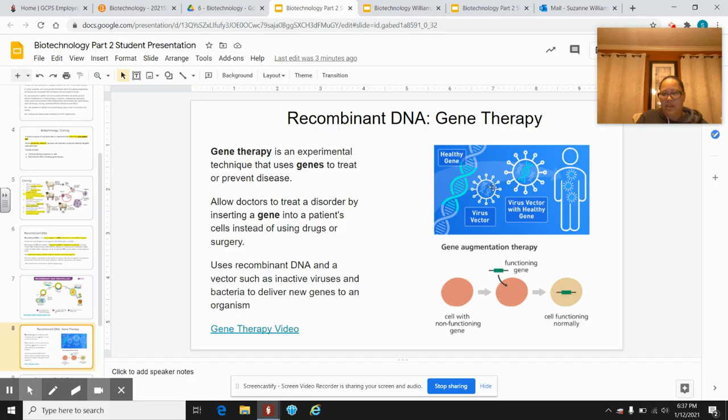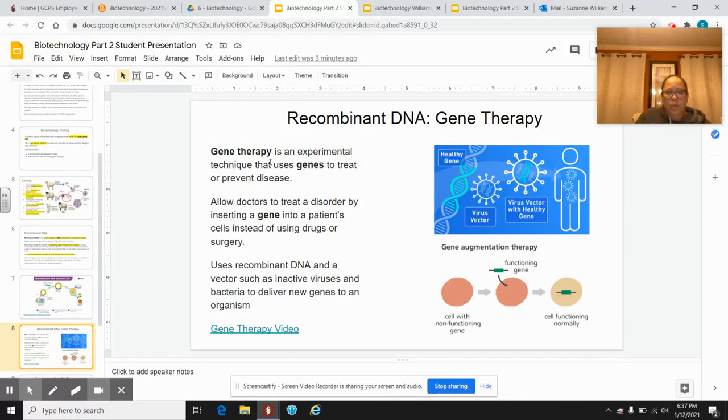Take a look at this diagram. You have the healthy gene, you snip the gene and you put it into the virus vector, and then you infect the person with an inactive virus, so we're not giving them a disease, and then that virus replicates inside the body carrying this gene that's going to fix the problem.